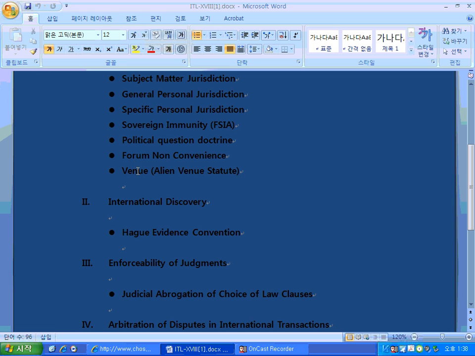And we may see the custom arbitration clauses later.